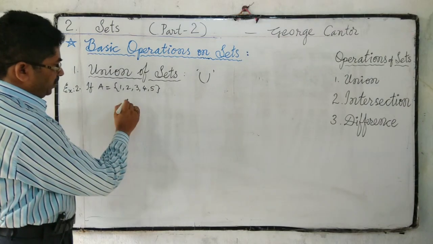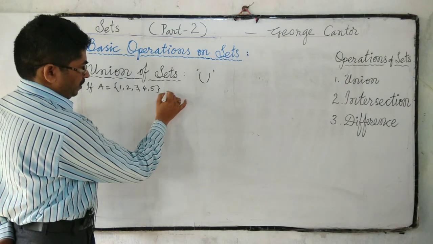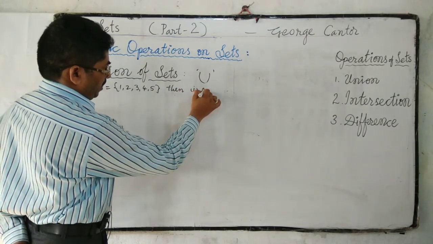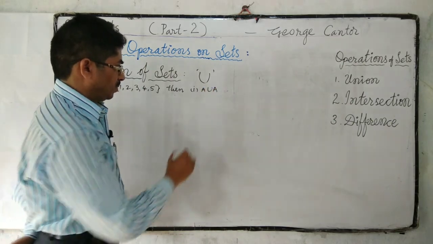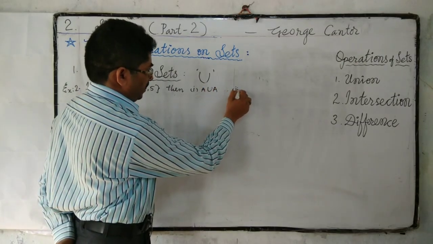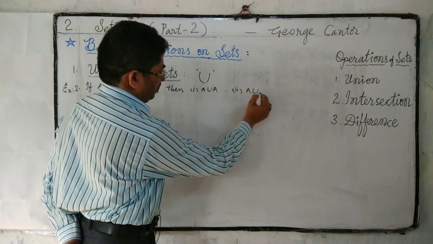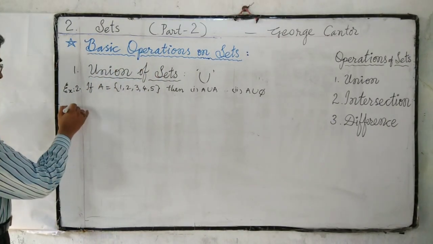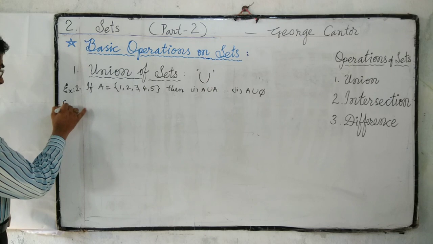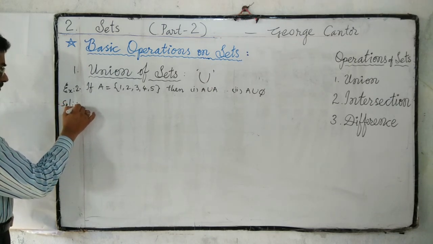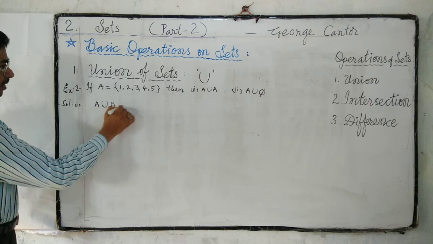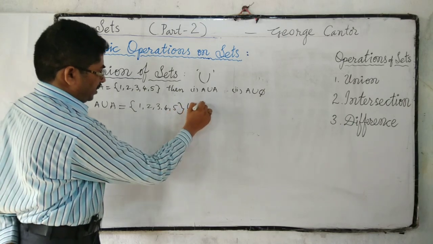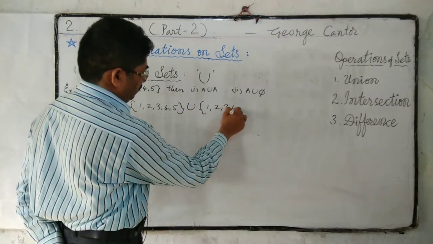If A is equal to the set {1, 2, 3, 4, 5}, then find A union A and A union the empty set. First, A union A. The set {1, 2, 3, 4, 5} union the set {1, 2, 3, 4, 5}.